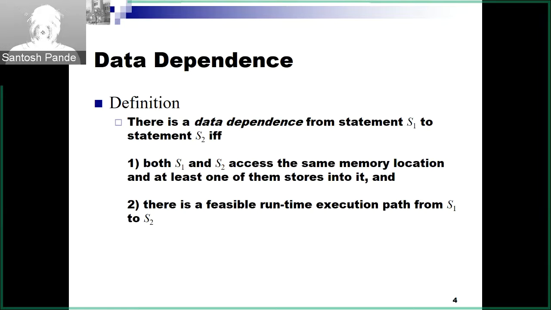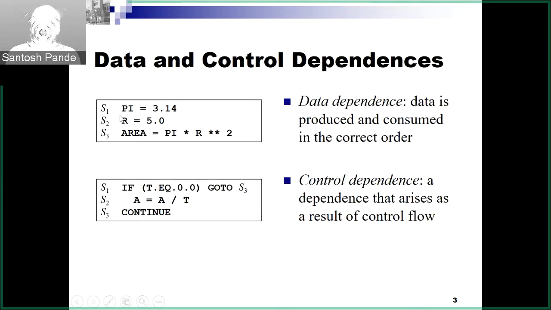So this is again the infeasible path, same problem, raising its ugly head and trying to prevent an optimization because of the way we are conservatively able to analyze it by thinking that it is prevalent or it is a feasible path. But in addition to that, we have another one here. Maybe there is sometimes a feasible path, but there is no dependence. Like in this particular case, there is no dependence between S1 and S2, and therefore we are able to interchange them.